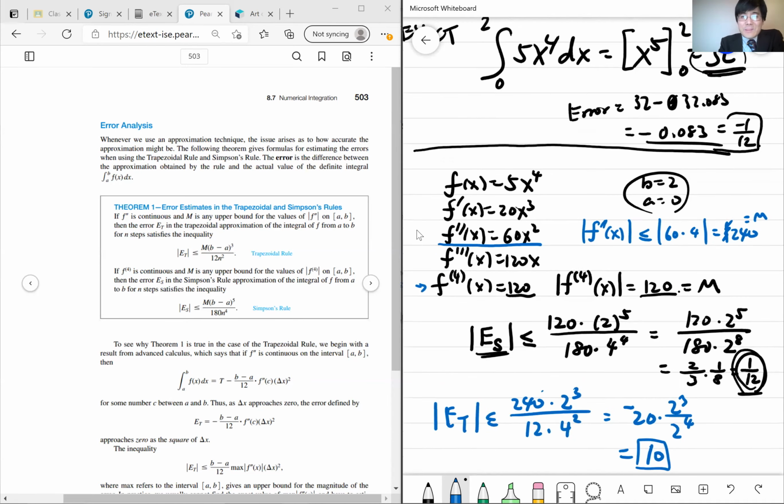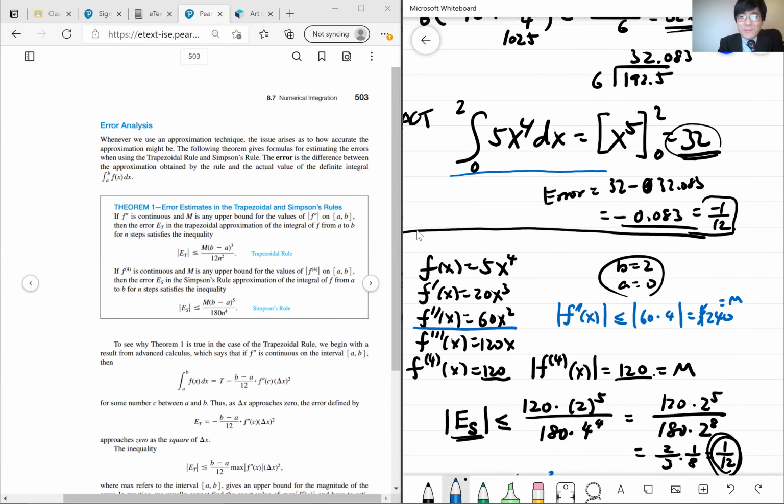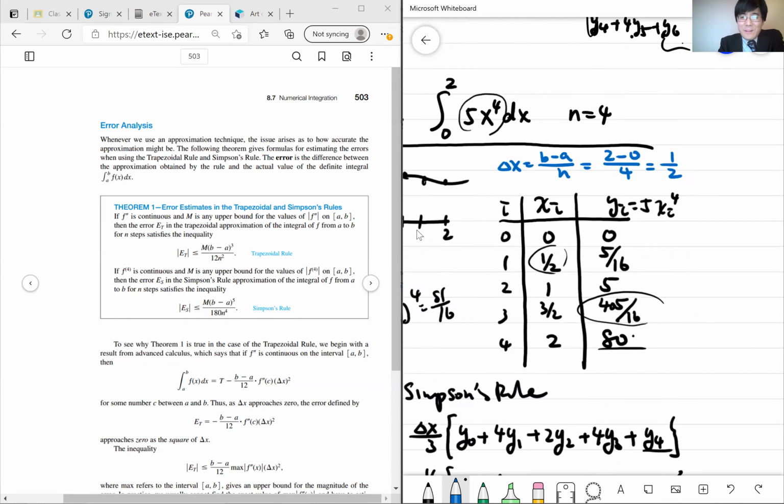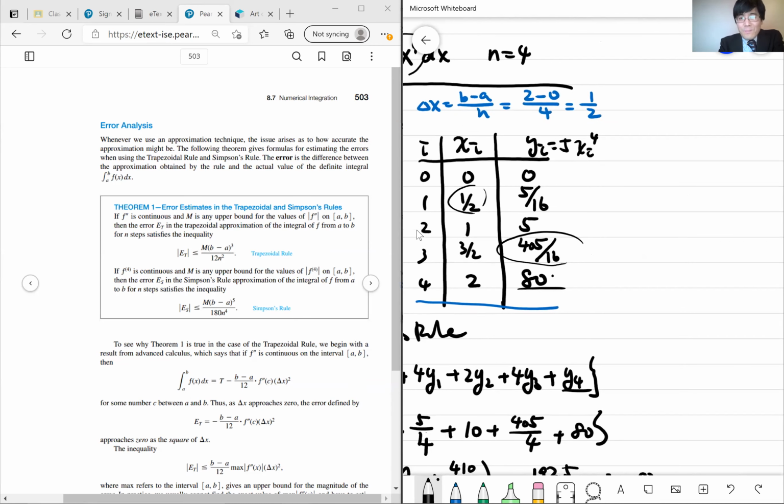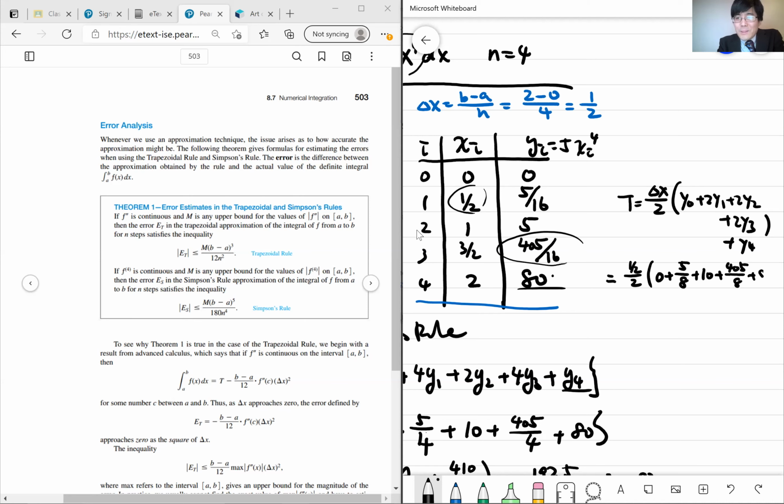Now, let's solve this question by the trapezoidal rule because we already did some computation here. Let's check how bad the trapezoidal rule can be for this one. Using the trapezoidal rule, the area is going to be delta x over 2 times the first number plus 2 times the second one, 2 times the third one, 2 times the fourth one, and 1 times the fifth one. So using this, it's going to be 1/2 over 2, 0 plus 5 over 8, plus 10, plus 4, 5 over 8, plus 80.